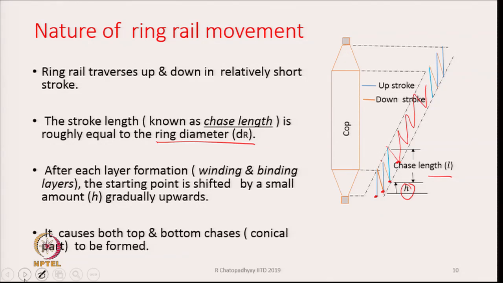It causes both top and bottom chases, that is the conical part, to be formed. That is why we gradually shift it, and also unless we shift it, we will not be able to cover the entire surface of the bobbin with yarn.